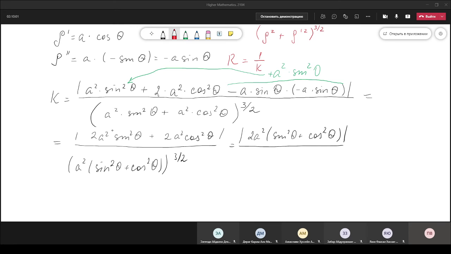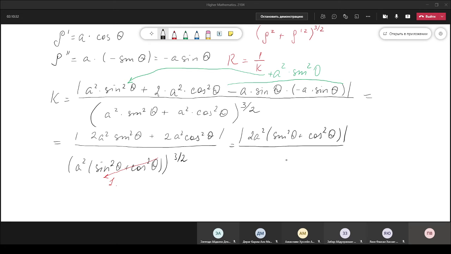In the denominator, in the bracket, we have trigonometric unit, just one, and a squared with power 3/2. It's a to the power of 2 times 3/2. 2/2 cancel out and stay 3.